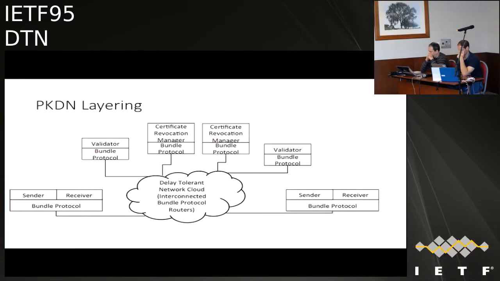We expect every node to have a sender and receiver function, and there are validators that also operate on top of the bundle protocol, and one or more certificate revocation managers which also operate on top of the bundle protocol. We expect all these entities to be interconnected via a delay tolerant network cloud.